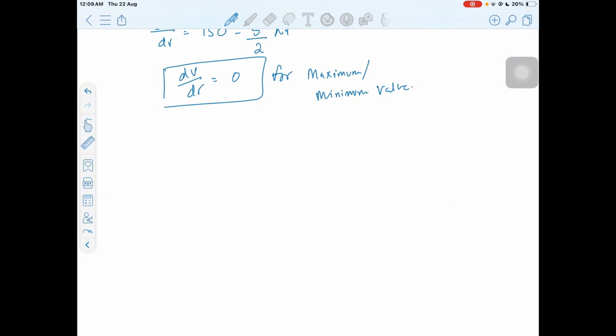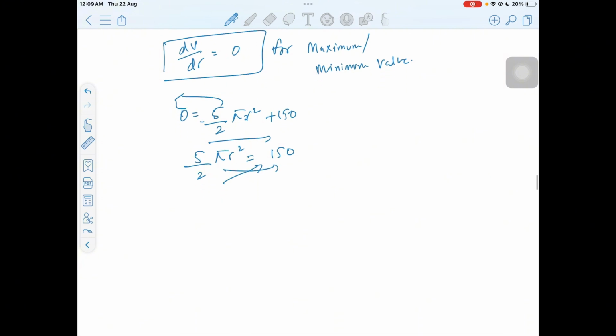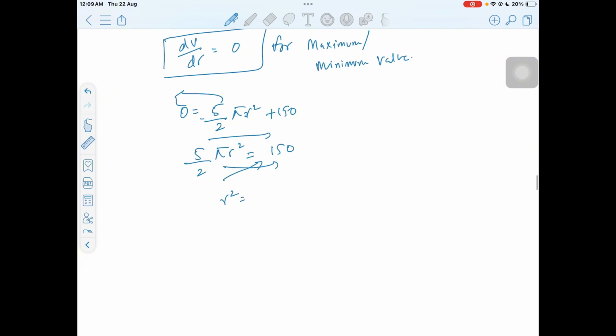So we have to equate it to 0, so this would be 5 upon 2 pi r cubed negative, and this is positive 150, so this will move over there, so this would be 5 upon 2 pi r squared equals 150. This 2 would be multiplied, 5 would be divided, and pi would be divided, so we get our r squared as 60 over pi.